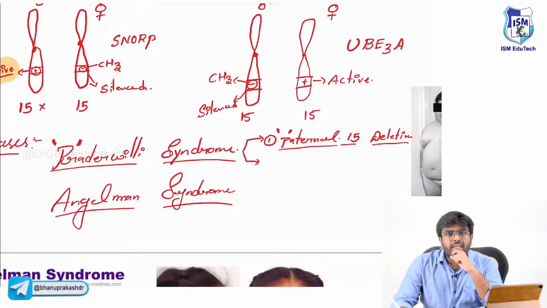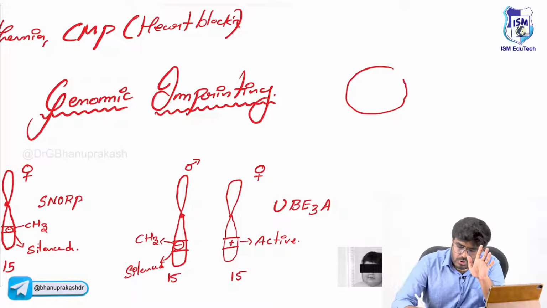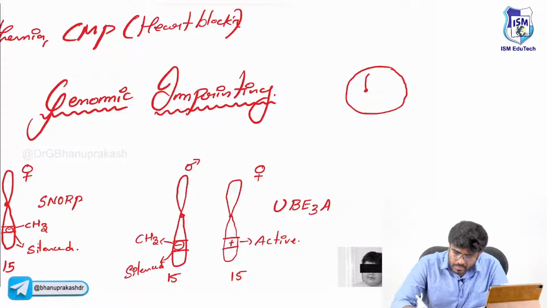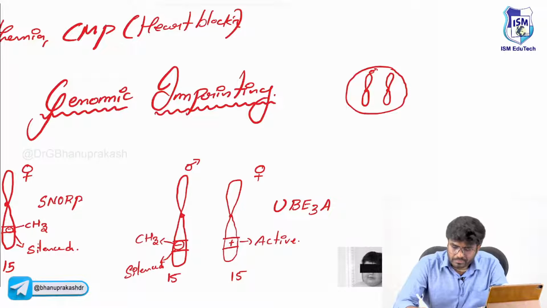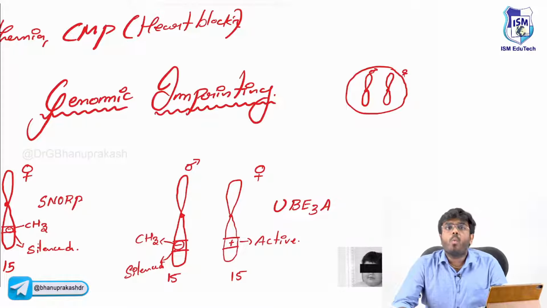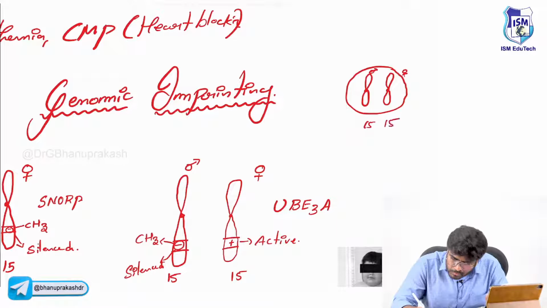Now one more possibility for how you can get Prader-Willi syndrome is, imagine as a human you are supposed to have 2 number 15 chromosomes, one from the father and one from the mother. What if you got both the chromosome number 15 from the mother itself?